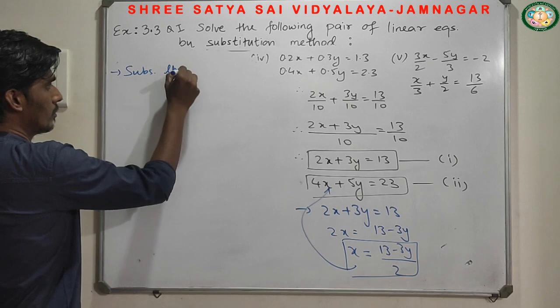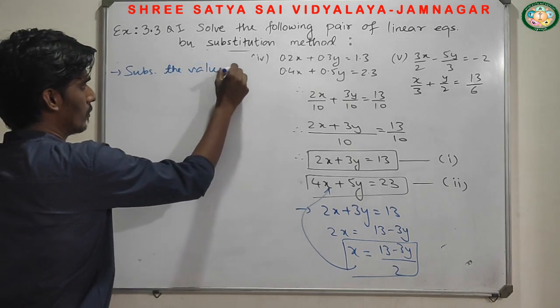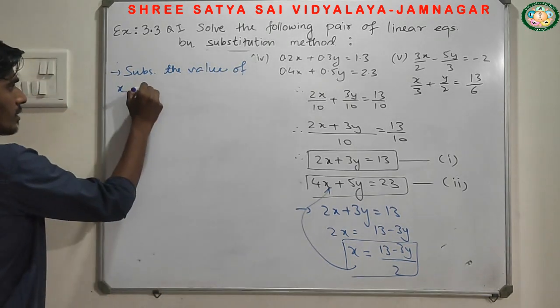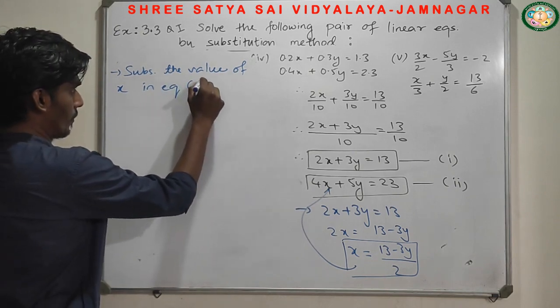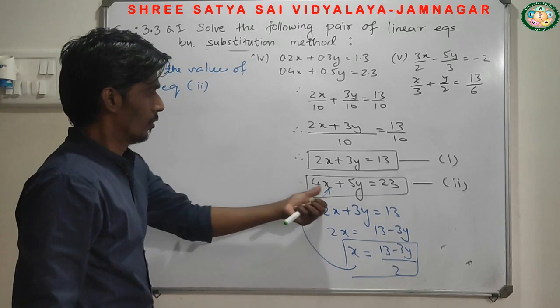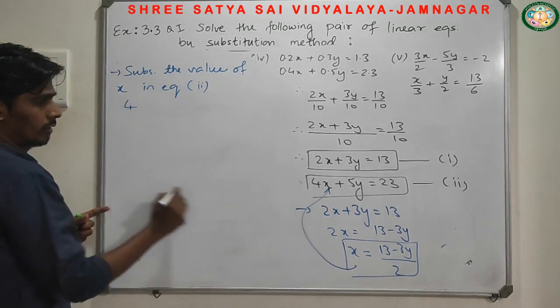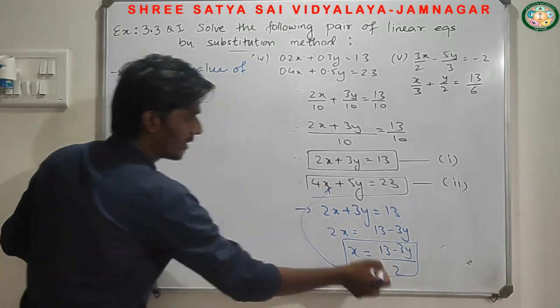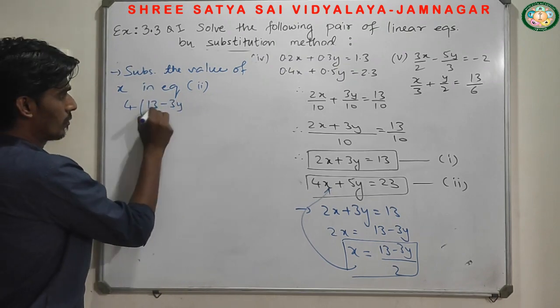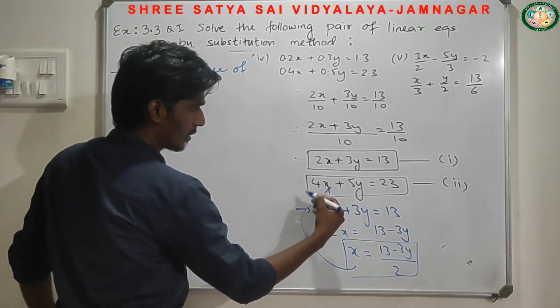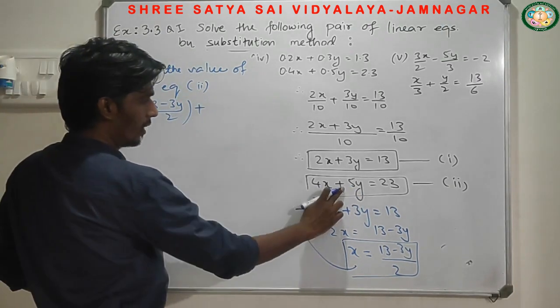Substitute the value of x in equation 2. So 4 in place of 4. Now instead of x we are going to write this whole term, plus, this plus as it is.